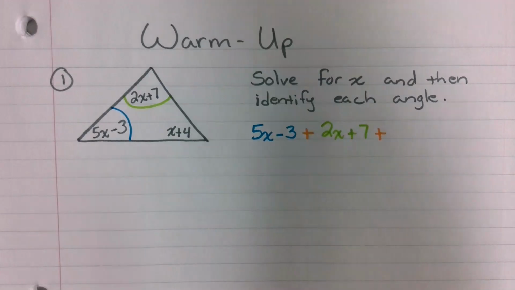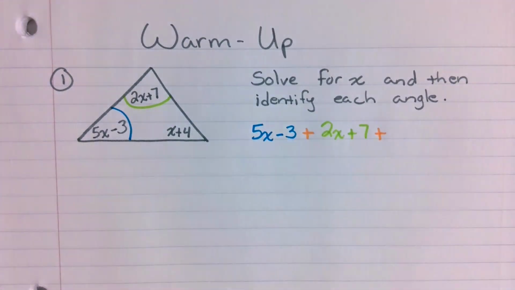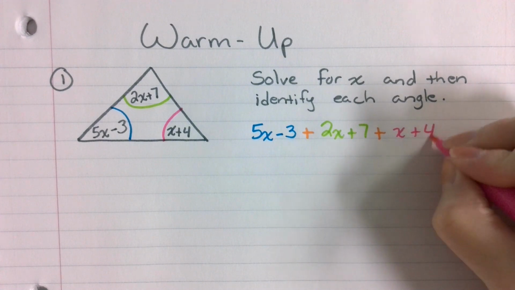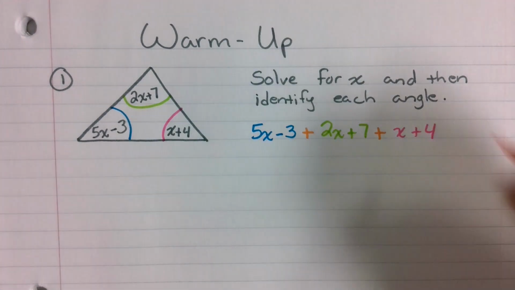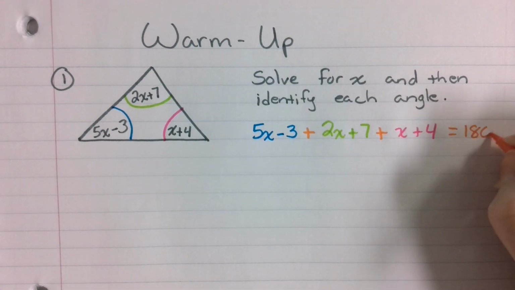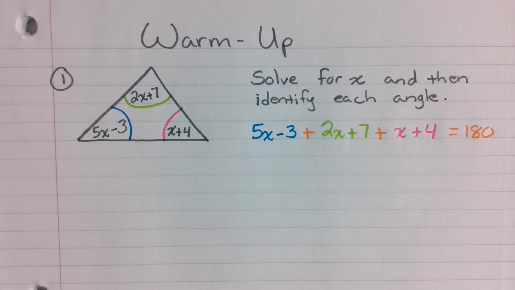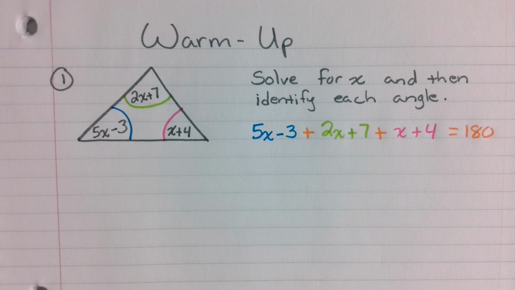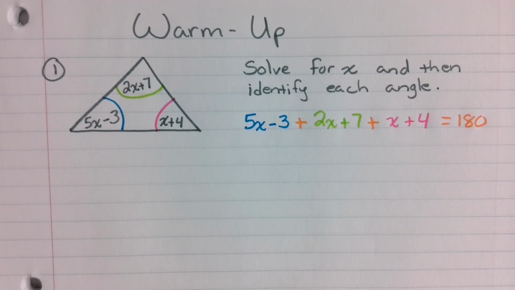And then I'm going to have this one be my pink, let's say x plus 4. And all of this is going to be set equal to 180. Okay? So there's my equation. There's my three angles, separating them by color so that way you guys can see that they are three different angles.